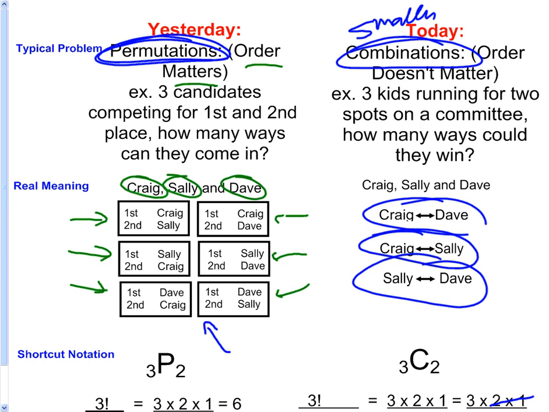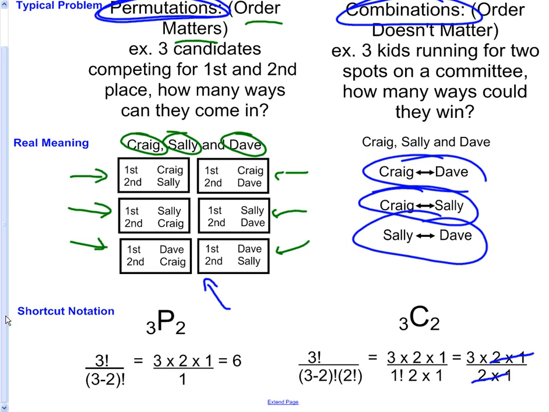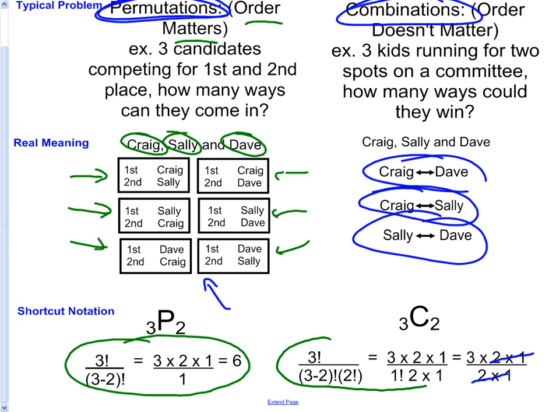And then the last side-by-side comparison, if I were doing this compared to this, should I circle the same stuff? The only difference is in the denominator here. There's nothing here. There's an extra number that ends up in the denominator. So that's why when you're dividing by that number, it'll make it smaller. Okay, so that sums up the difference between permutations and combinations.